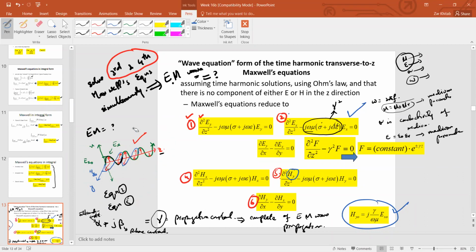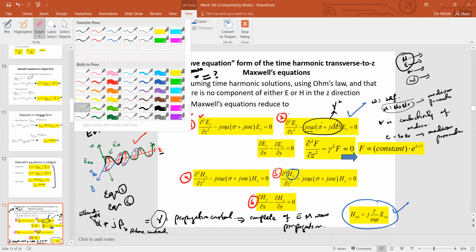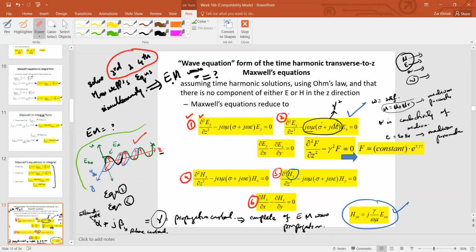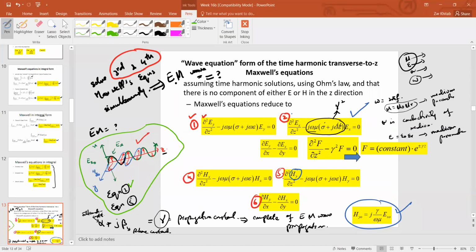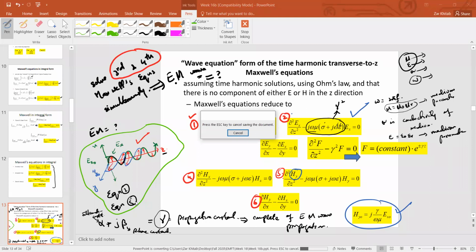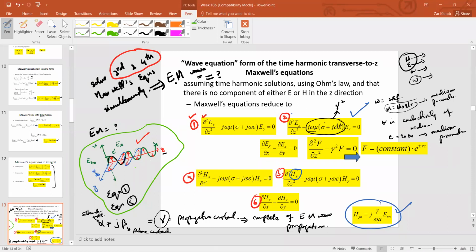So if I'm able to understand, or if I'm able to model only one of the equations, either equation 2 or equation 5, right? If I know either equation 2 or equation 5, one of them, and I know this equation star, this one, I will be able to fully characterize the electromagnetic wave.